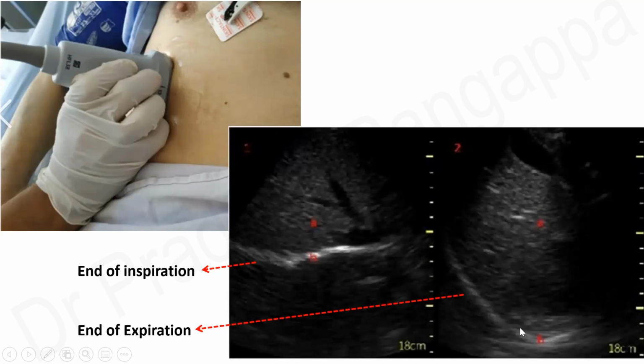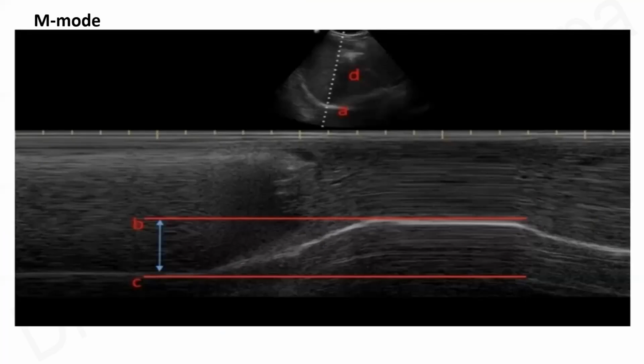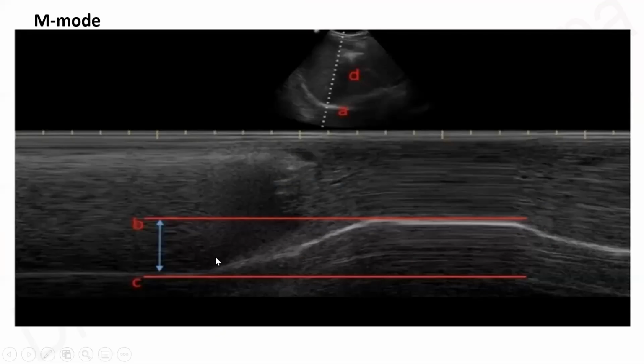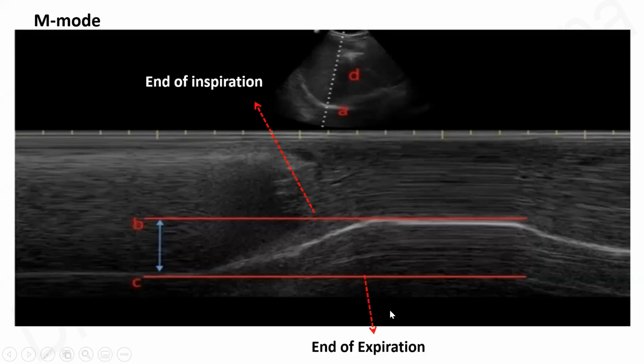By putting a cursor on this, we can get an M mode of the diaphragm and look at the diaphragmatic excursion. So we put an M mode cursor on the diaphragm and we get the diaphragmatic excursion. This is the end of inspiration, the top one, and the lower one is the end of expiration.